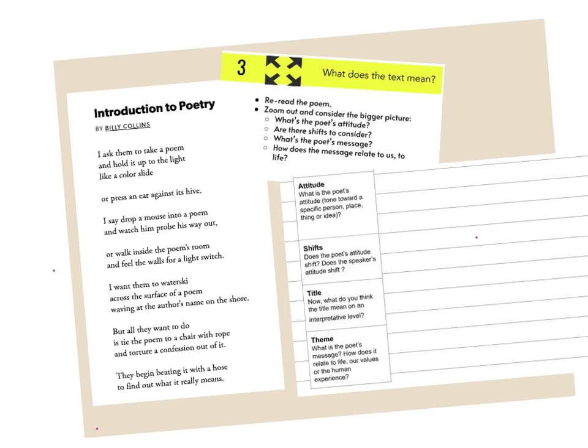Okay, now let's take another look at the poem in terms of attitude, shifts, and theme. When I think about the attitude, I'm wondering, what's the poet's attitude toward poetry? What do you think the poet's attitude is toward students, or teaching, or reading poetry? So let's just think about that for a minute.